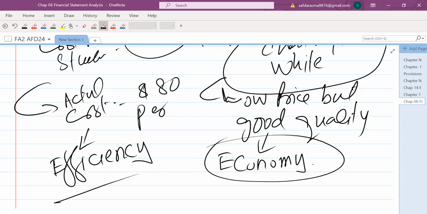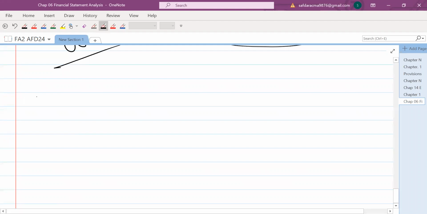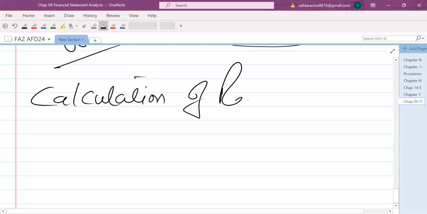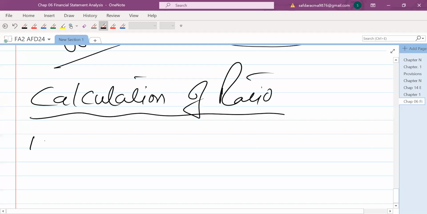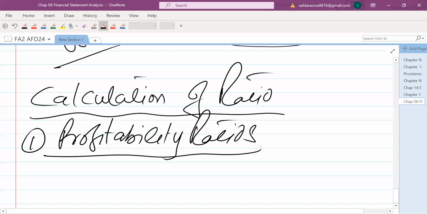तो ये हमारे पास इसमें क्या है, इसका कॉन्सेप्ट है इन केस ऑफ नॉन प्रॉपर ऑर्गेनाइजेशन. Now the next concept is the ratio analysis, calculation of ratios. So we have different types of ratios here. So the first one is profitability ratios. In this chapter, you people have to remember these ratios.